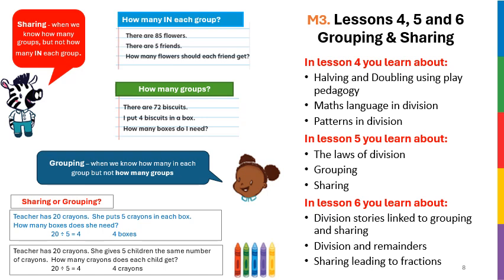The question was, how many boxes does she need? So how many groups of 5 were there in 20? So that's a grouping problem, which means the second problem, where the teacher gives 5 children the same number of crayons, how many crayons does each child get?